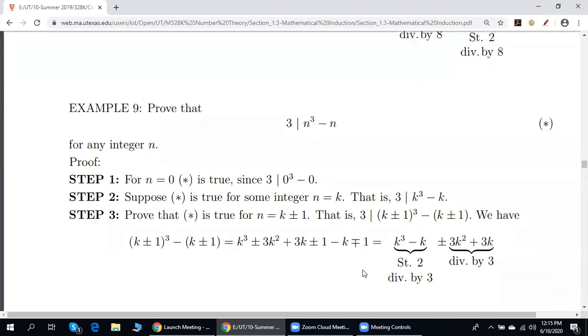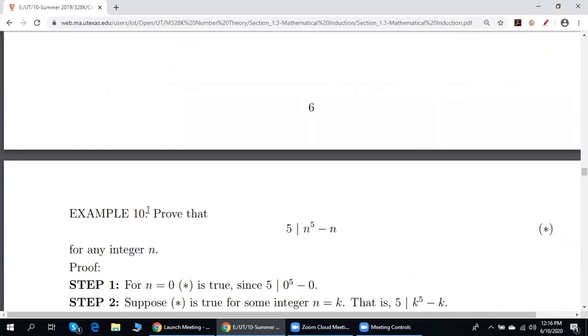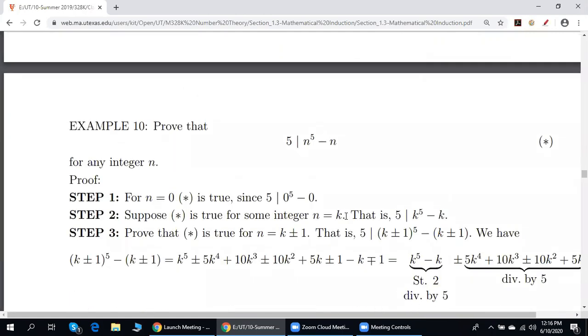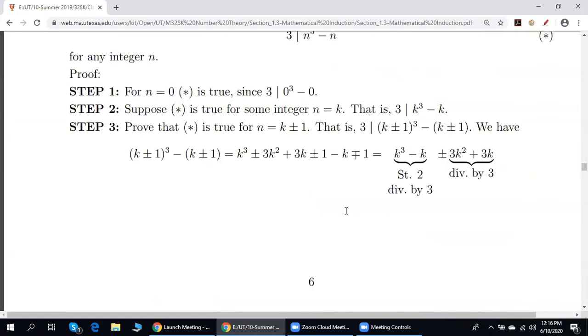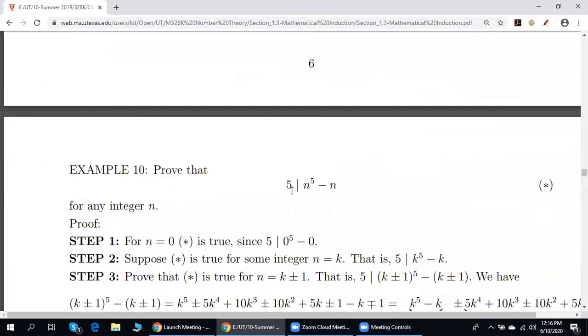And note that no matter whether we have problem number 1 or problem number 2, 1 will be cancelled anyway, because in problem number 1, here we have plus 1, but here minus 1. In problem number 2, here we have minus 1, but here plus 1. Now, example number 10 is very similar to example number 9. We just replace 3 here and here by 5.